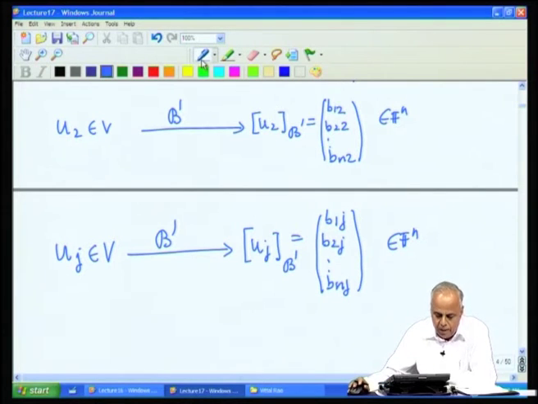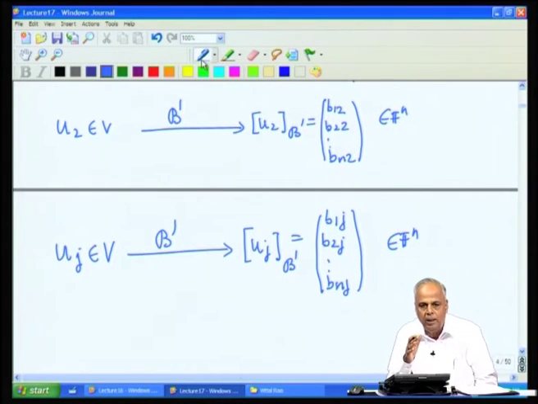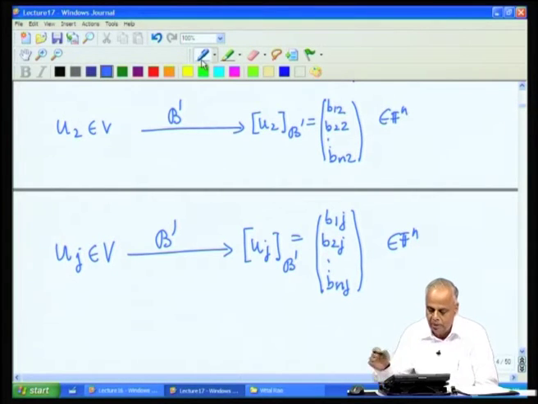So, what we have done is we have looked at the basis B, and each vector in the basis B is now converted into an Fn vector using the B prime basis.